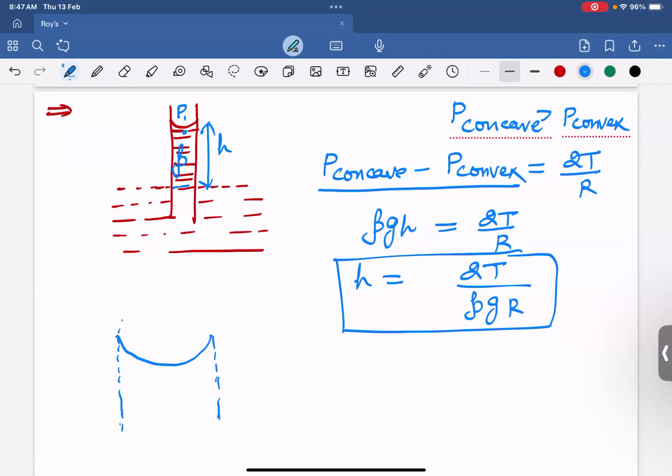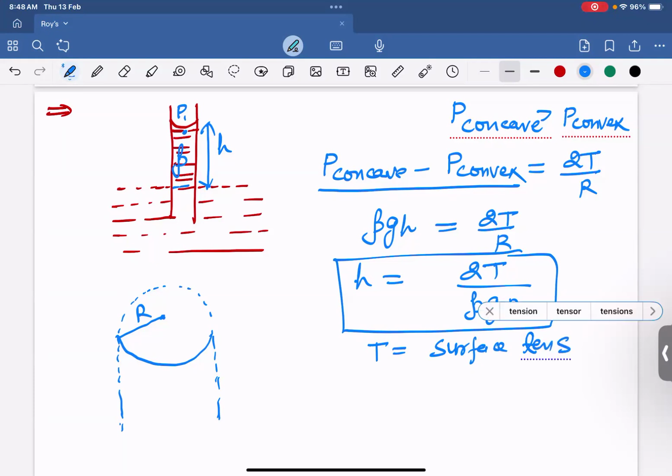If you complete this sphere of the meniscus, then the radius that you will get is called R. That means here T is surface tension of liquid. Rho is density of liquid.